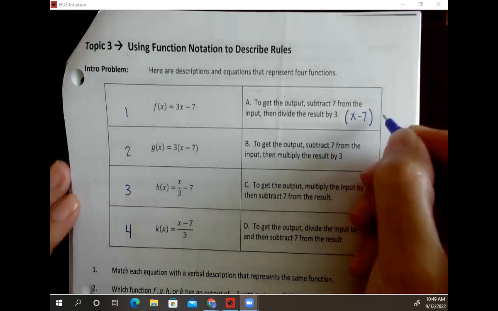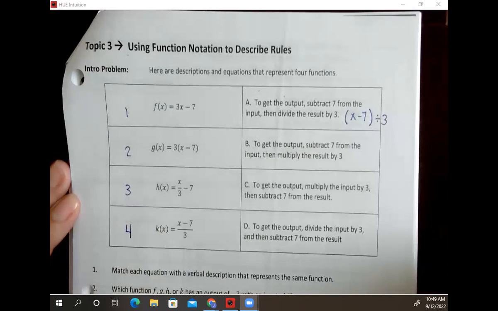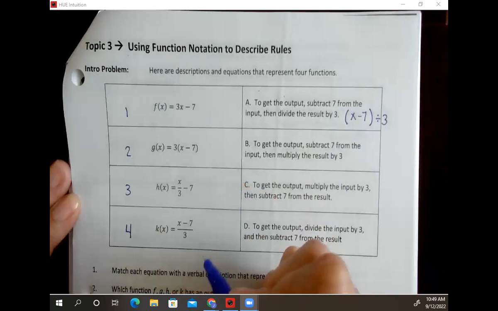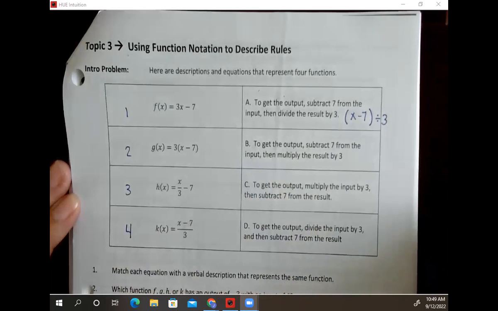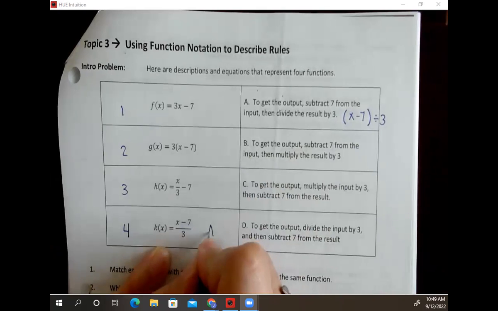So I want to do this first and then divide whatever I get by 3. What's another way that I could represent this? That's one of my functions over here. Subtract 7 first, then divide by 3. 4, right? Subtract 7 first, then divide by 3. This would match A.